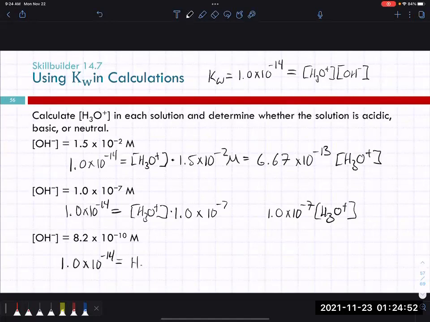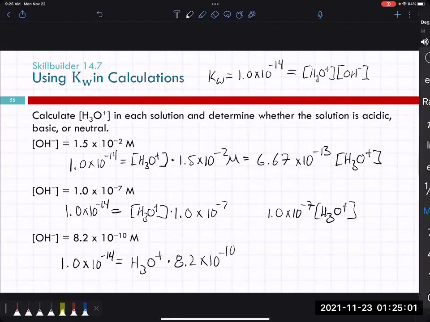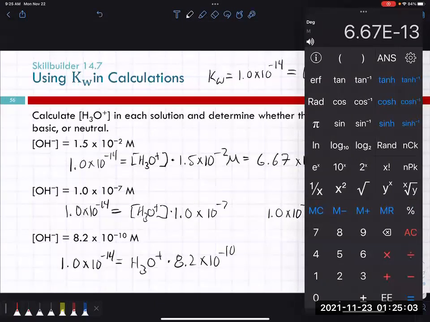So then we'll have H3O plus times 8.2 times 10 to the negative 10. And I will say that probably the easiest place to make mistakes here would be typing things into the calculator. So this is 1 times 10 to the negative 14, and we're going to divide by 8.2 times 10 to the negative 10.